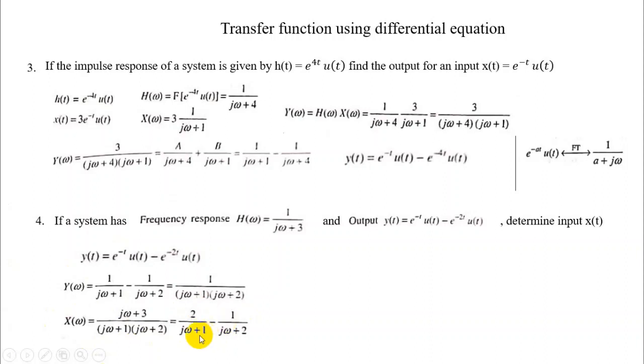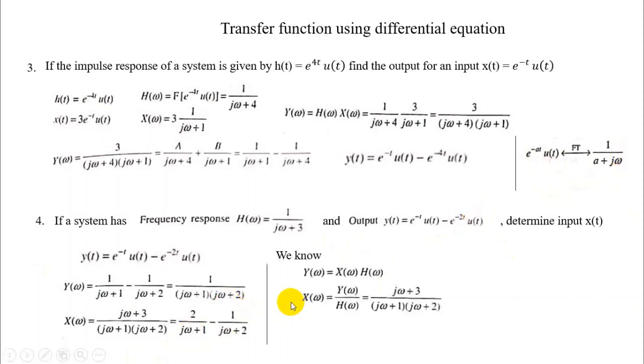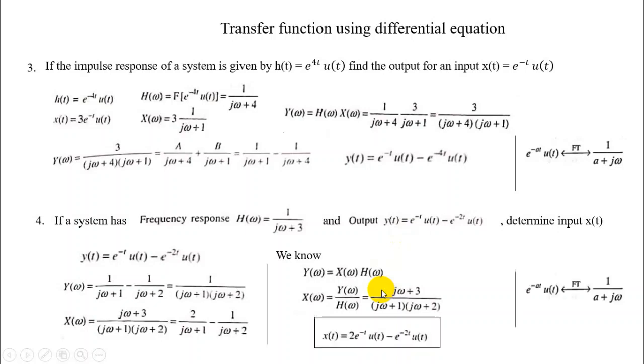This is the presentation for which it is very easy to determine the inverse Fourier transform, because we already know that the inverse Fourier transform of 1 divided by (a plus j omega) is e to the power minus at. So this is a similar case. In this fashion we will be able to determine x(t).